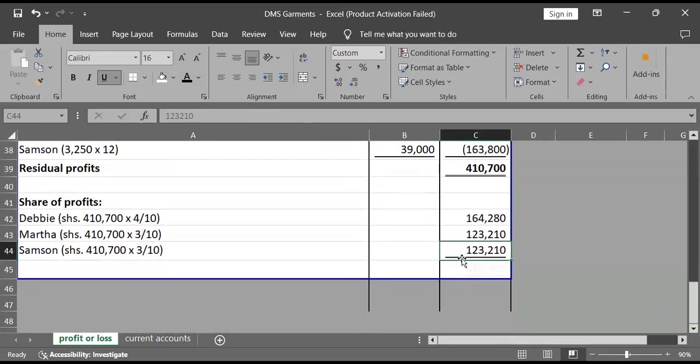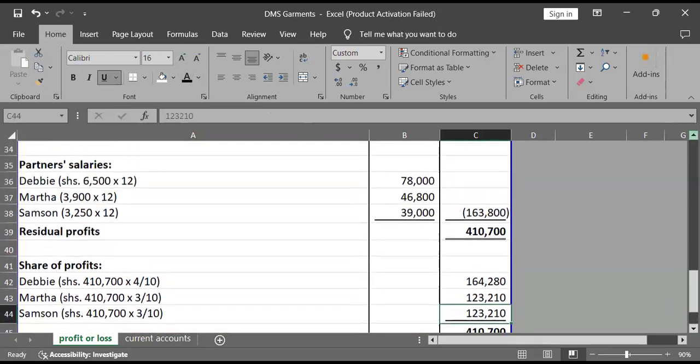So of course, when you add these up, 164 plus 123 plus 123, they should still give us the 410 because we're just allocating this 410. And that's how we appropriate our profits.